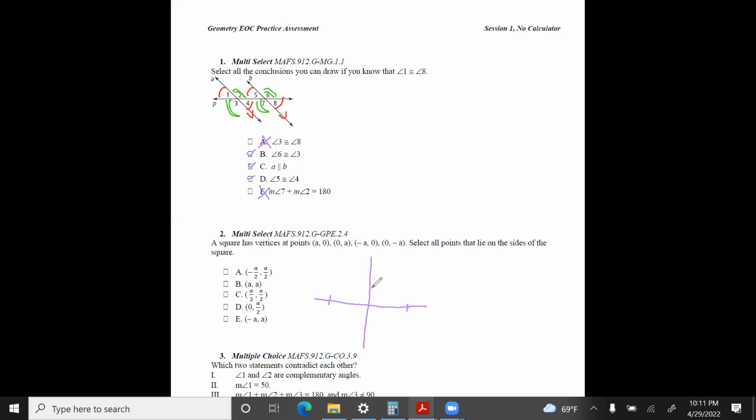They don't actually give us values for all the parts, but they give us 4 values with A and negative A. So we can call this A and negative A on our x-axis, and A and negative A on our y-axis. So we have points (A, 0), (0, A), (negative A, 0), and (0, negative A). Together, they're going to make a square.